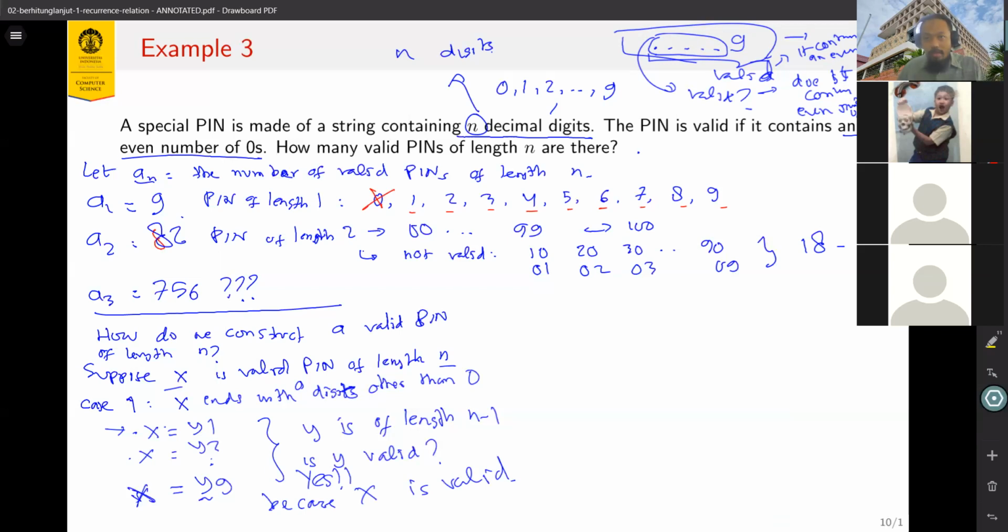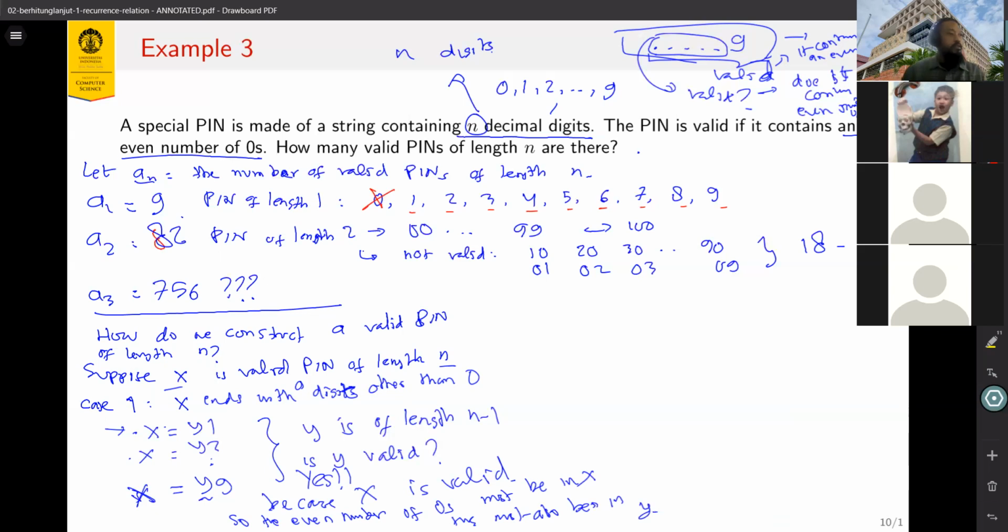Because x is valid, the even number of zeros must also be in y, correct?